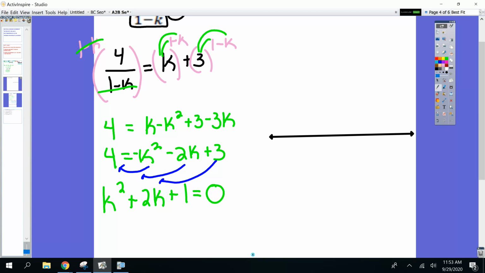Hopefully you guys are getting to the point where you have k squared plus 2k plus 1 to factor. And then you can find your 2 numbers, find what the solution is, and put it on your number line along with 1.